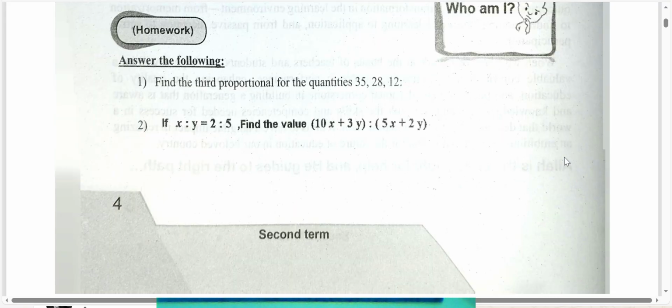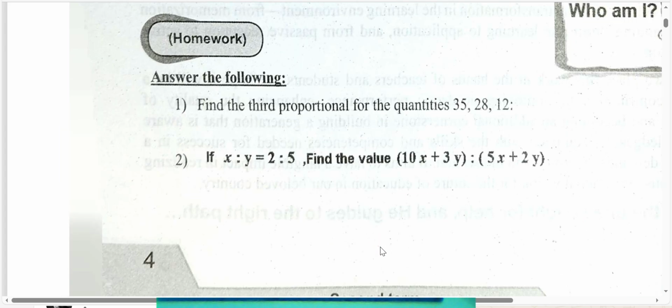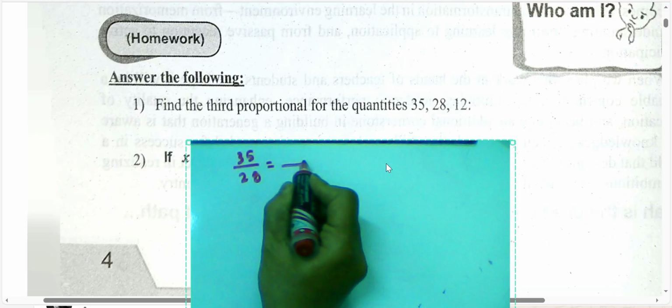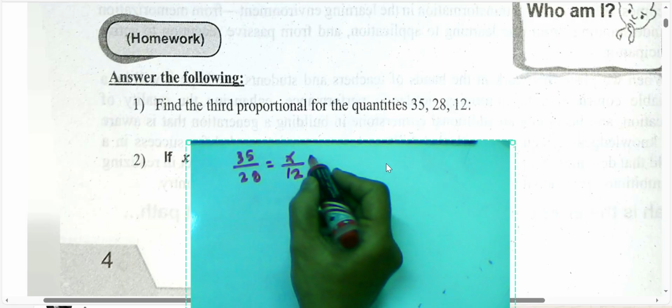Do you remember? Homework here, number 4. Find the third proportional for the quantities 35, 28 and 12. We can write the ratio between first over second equals second over third. We want to find the third proportional for the quantities and write 12 down.